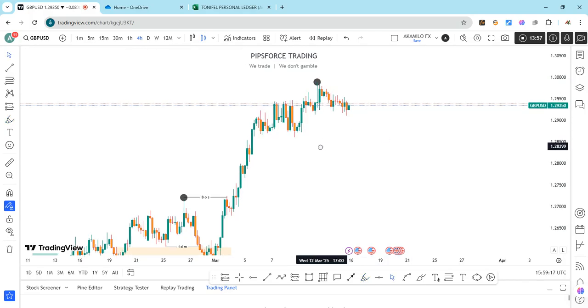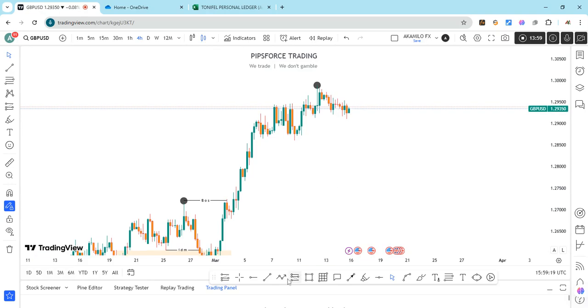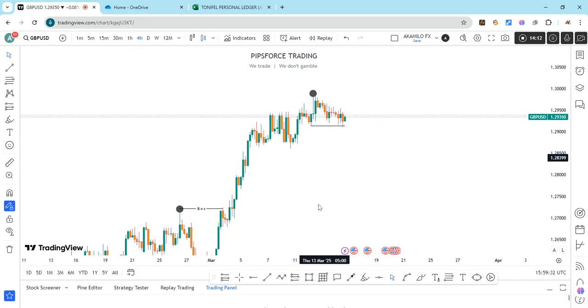And with the inducement, where is the inducement? Literally, we can see that this leg here is the inducement. And since price gave us this inducement, where is going to be our decisional point of interest? It is going to be this particular order block.